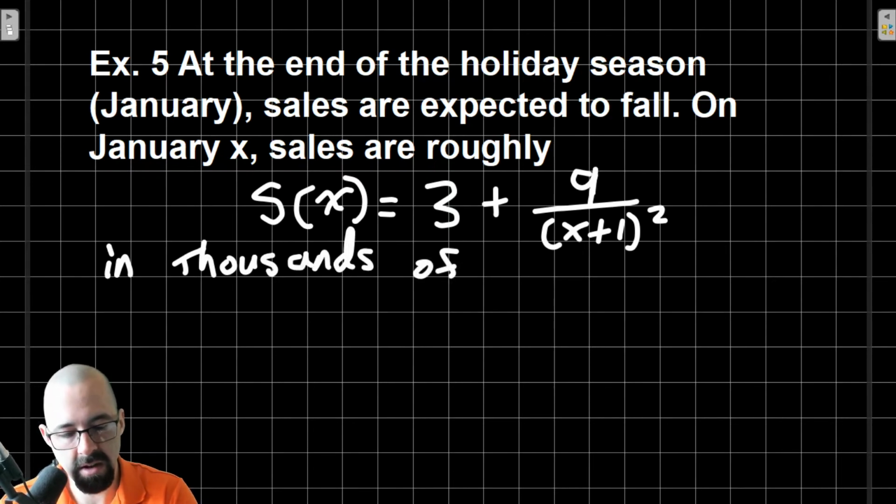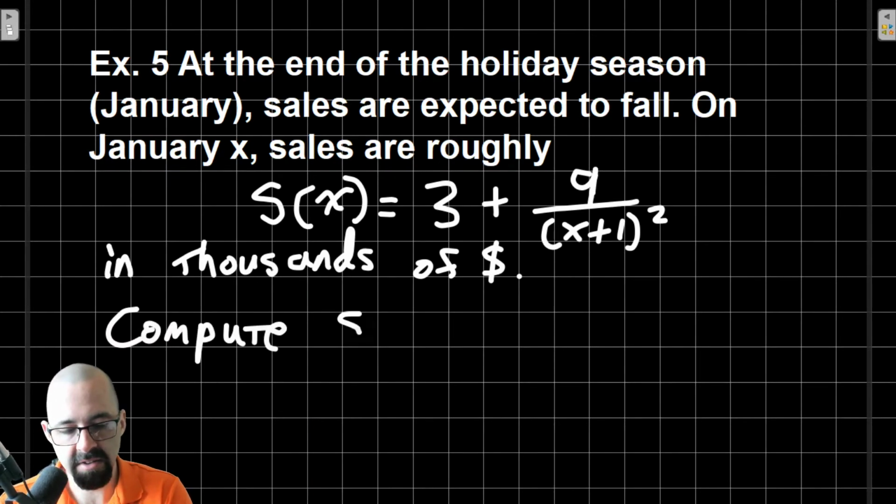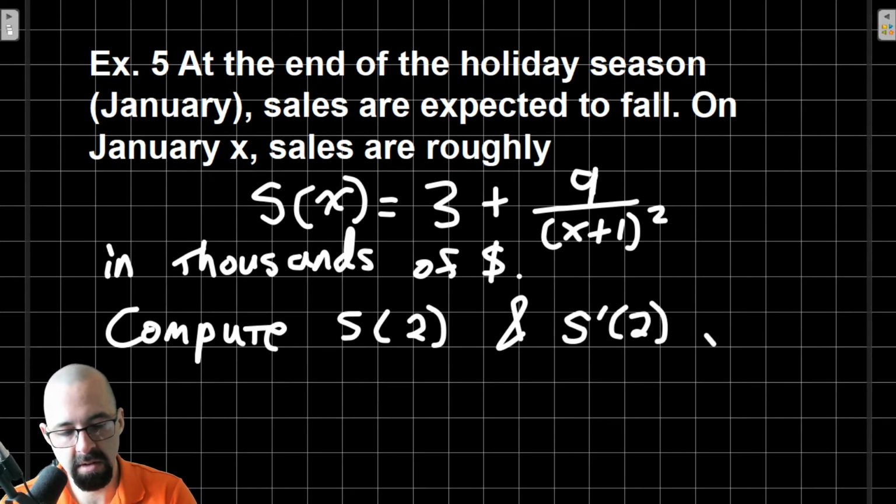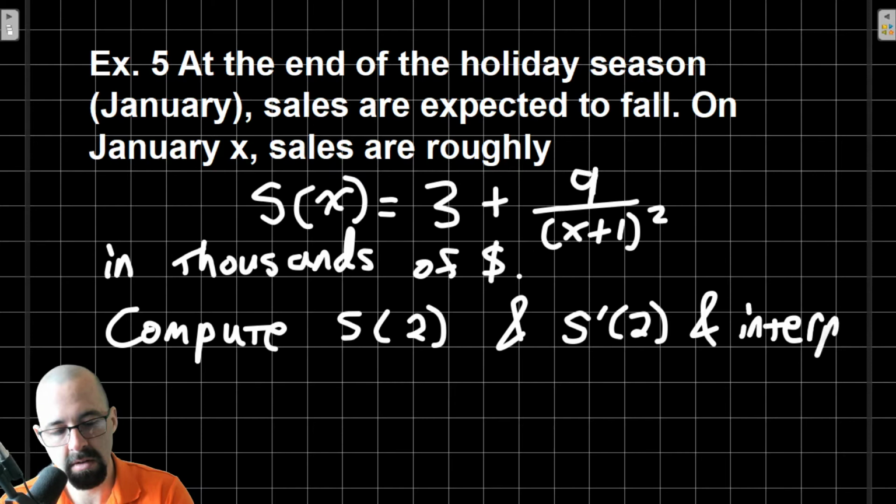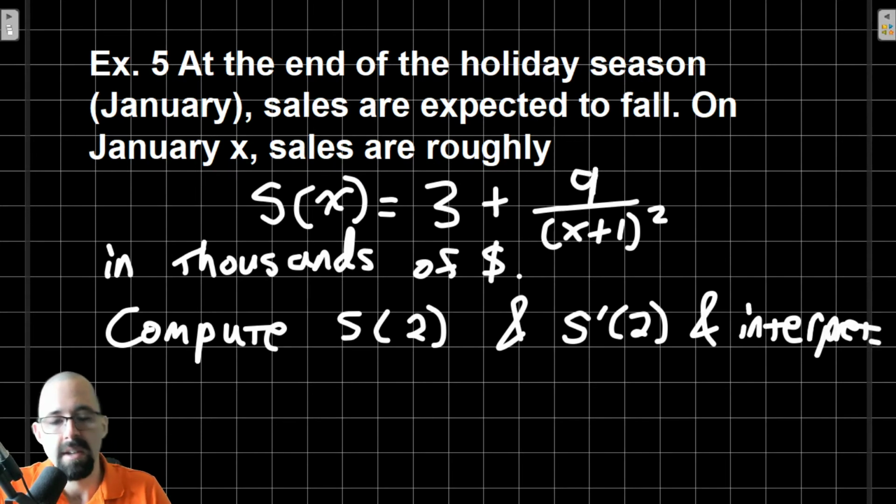What we are going to do is compute S of 2 and S prime of 2 and interpret. To find S of 2, we'll plug in 2 into our function S. To find S prime of 2, we'll plug in 2 into our function S prime. We don't have the function S prime yet. We're going to have to take the derivative to calculate S prime.